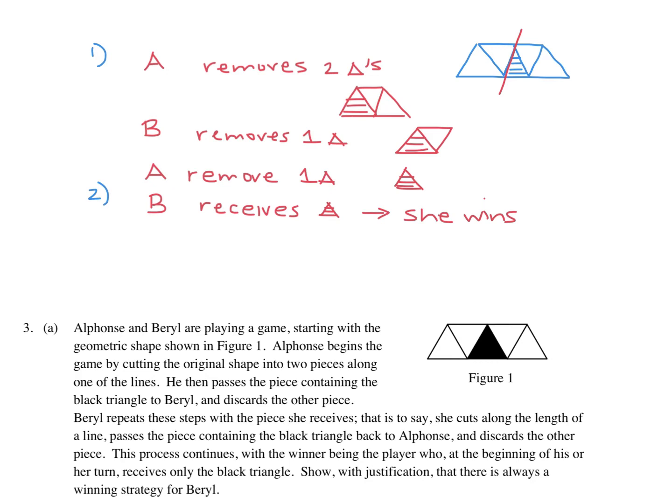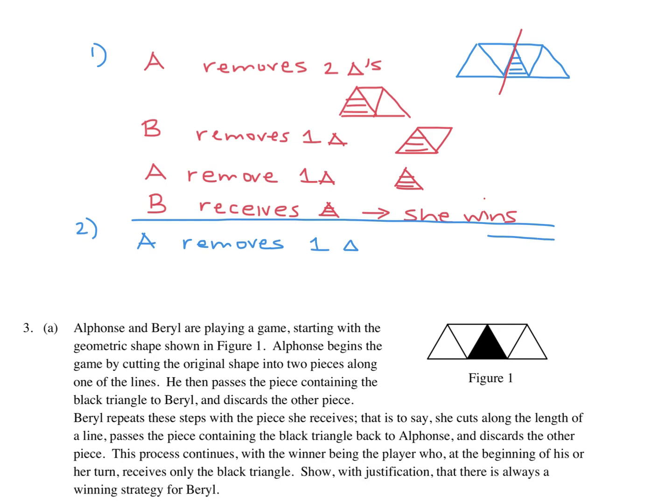All right, great. So I think there's one more strategy, and let's talk about the next strategy. So strategy number 2. Again, Alphonse goes first, so what if he removes only one triangle? This is the other scenario, right?